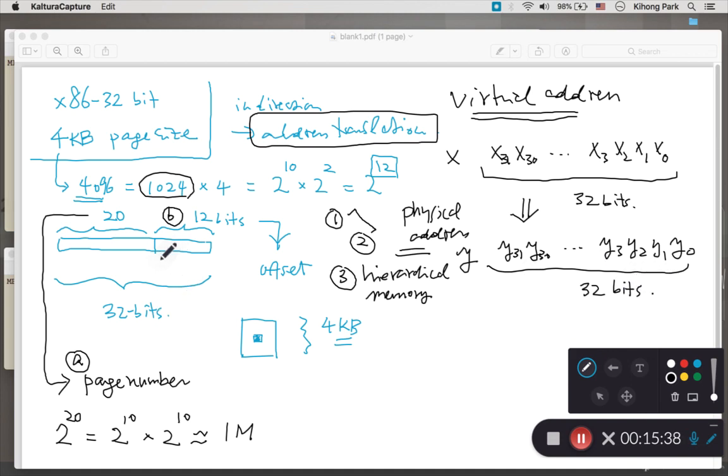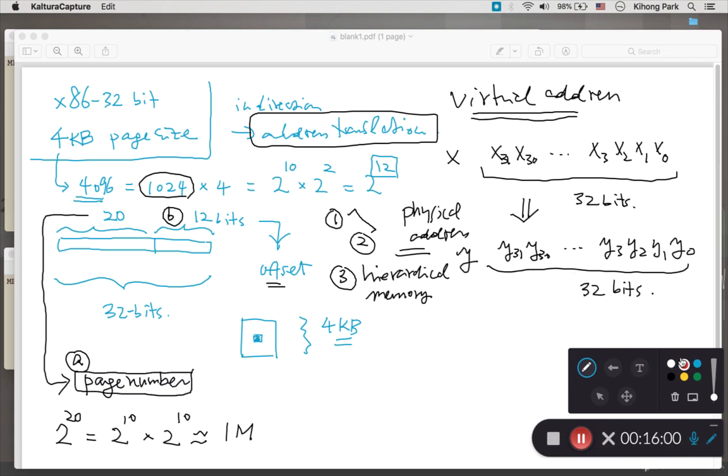But we said that here we are using 12 bits to identify the offset. That is to note B, which is where in the page is our byte of interest located, the offset. And these remaining 20 bits are used to identify which page we're talking about, aka the page number.